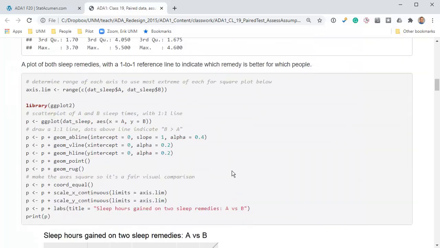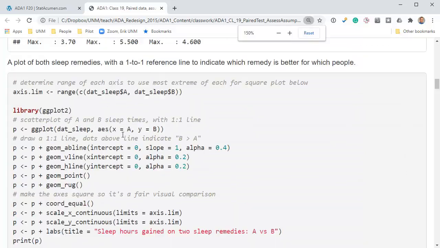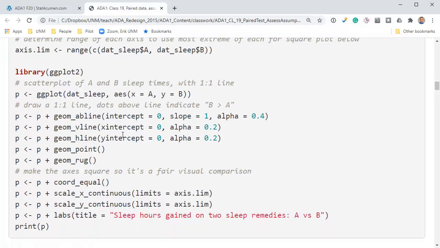So the way I did that in the code, I do a couple things. I'm plotting the data. I'm assigning to the x-axis remedy A, to the y-axis remedy B, and I'm going to create a few lines. The first line is my diagonal line, where the intercept is 0 and the slope is 1.